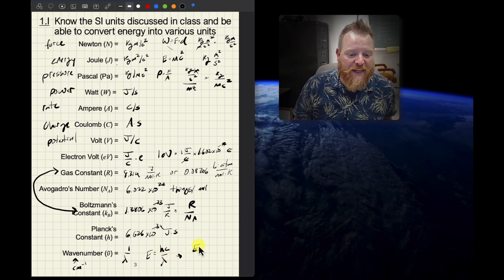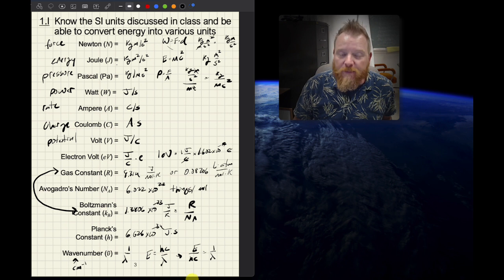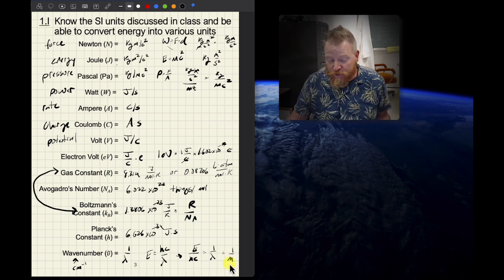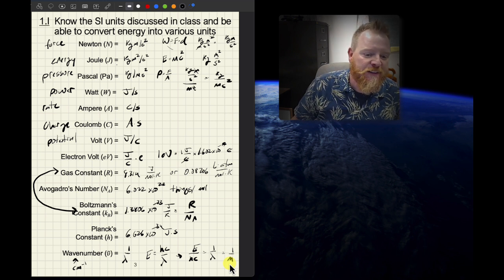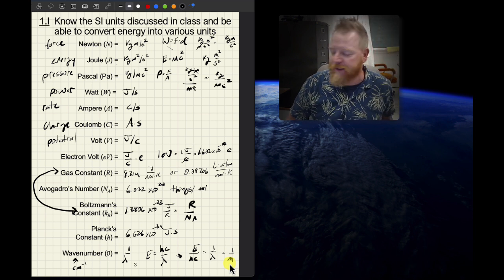In other words, E over hc will always give us the wave number unit. If we use joules, joule seconds, and meters per second, this will technically give us 1 over meters, so we have to include a factor of 100 to get into the inverse centimeter unit.